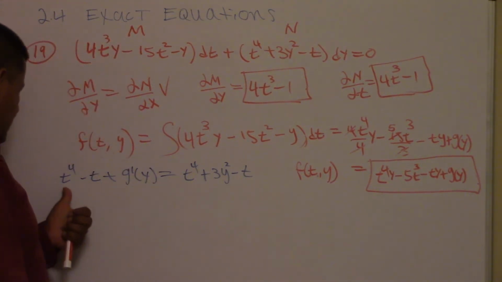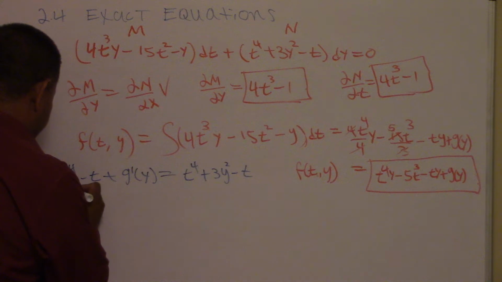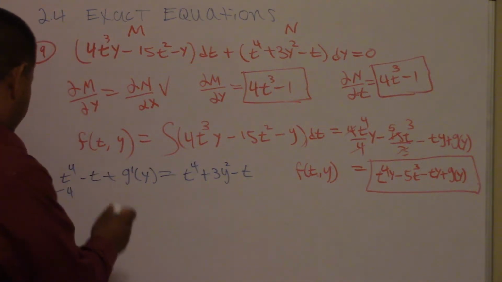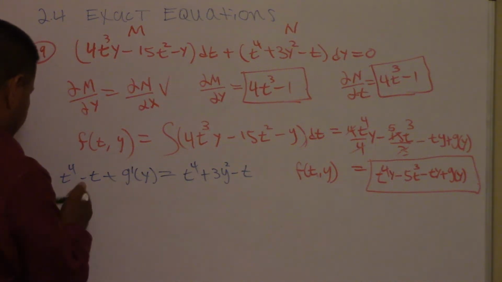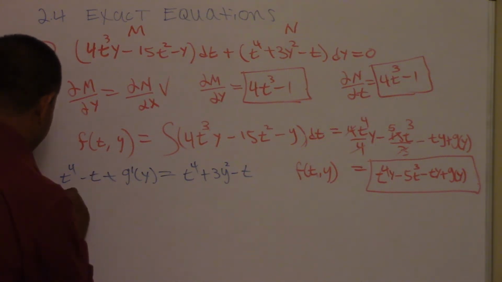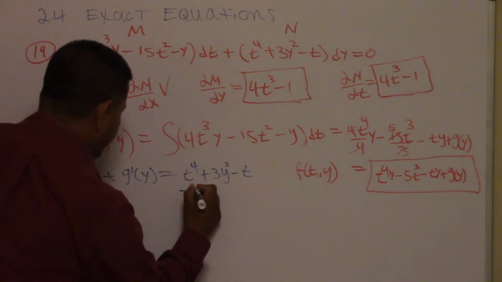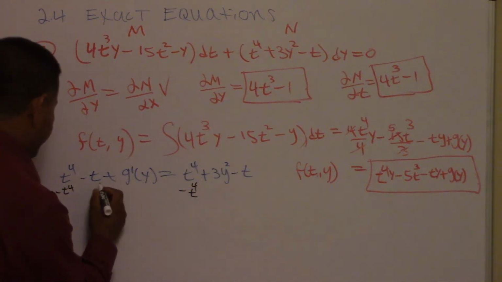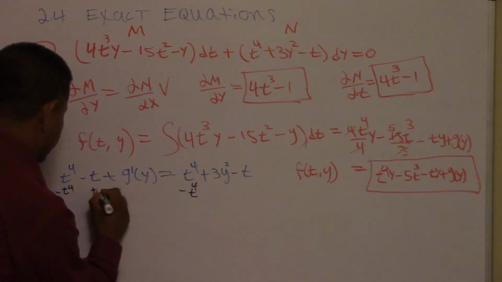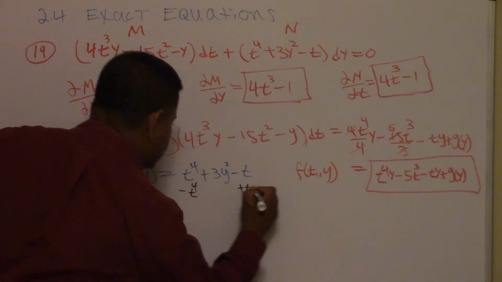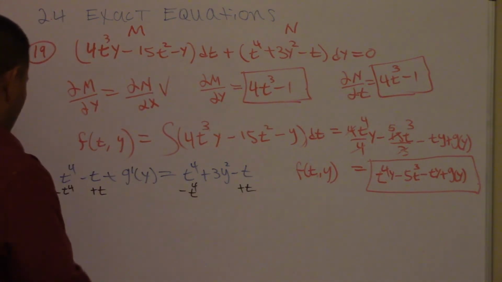Now, if I subtract t to the fourth, and if I add t on both sides, what is going to happen?